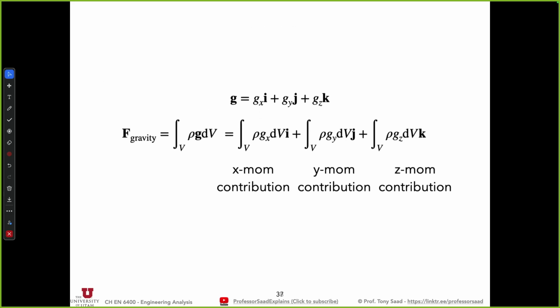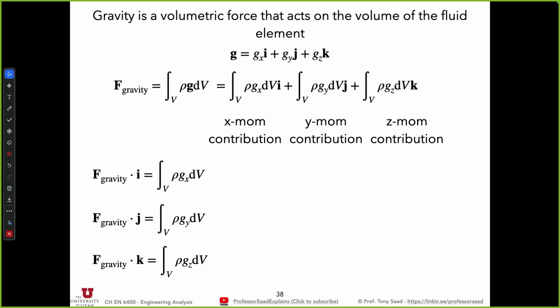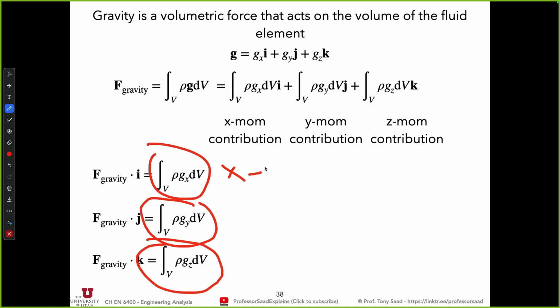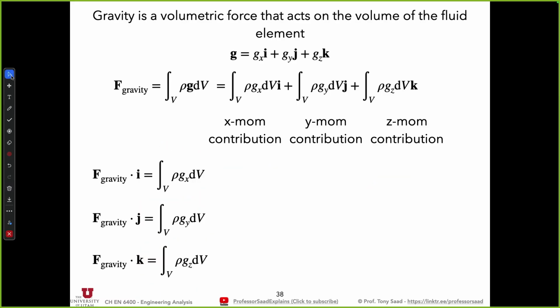Those are the individual contributions. You can also obtain them by dotting with i, j, and k. It's going to give you the same answer. The integral of rho gx dV is the x momentum contribution, the integral of rho gy dV is the y momentum contribution, and this will be the z momentum contribution. Okay, and we're done with the day.